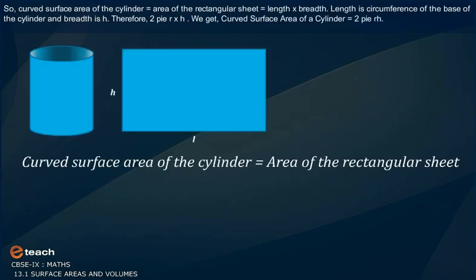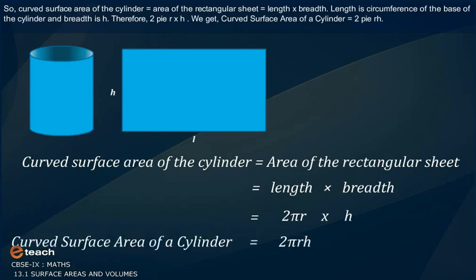So, the curved surface area of the cylinder is equal to the area of the rectangular sheet, which is length into breadth. Length is the circumference of the base of the cylinder and breadth is H. Therefore, 2 pi r into h, we get the curved surface area of a cylinder is equal to 2 pi r h.